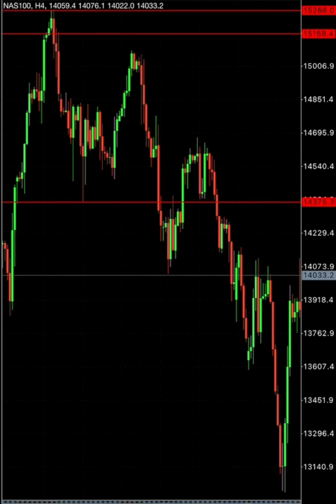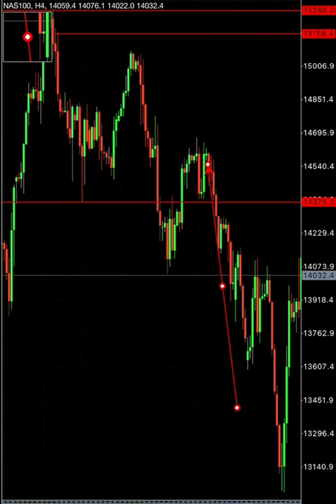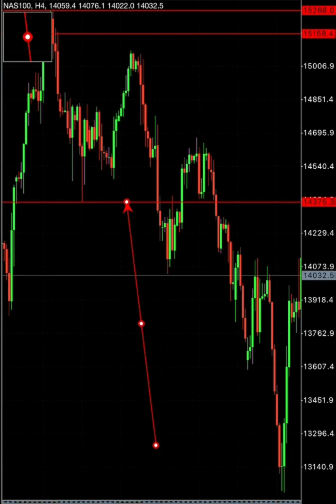Once you've spotted the breakout, wait for the reversal. Wait for price to get back to this neckline where the breakout occurred.